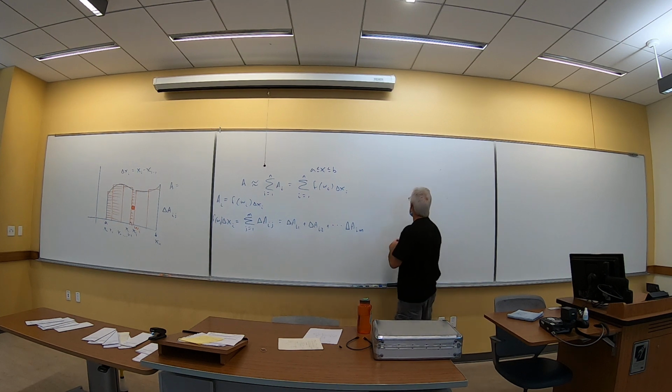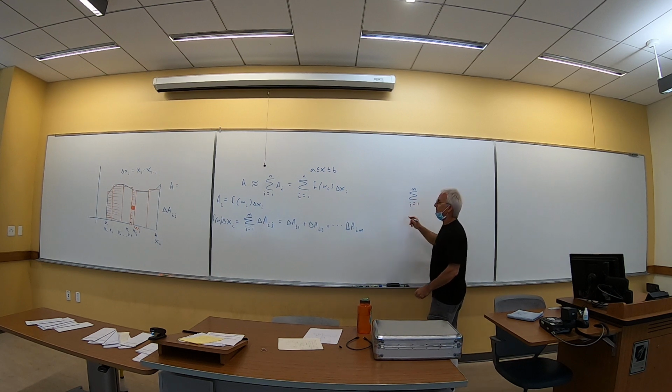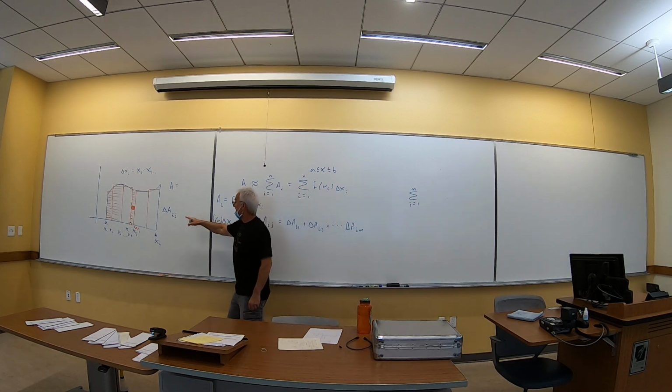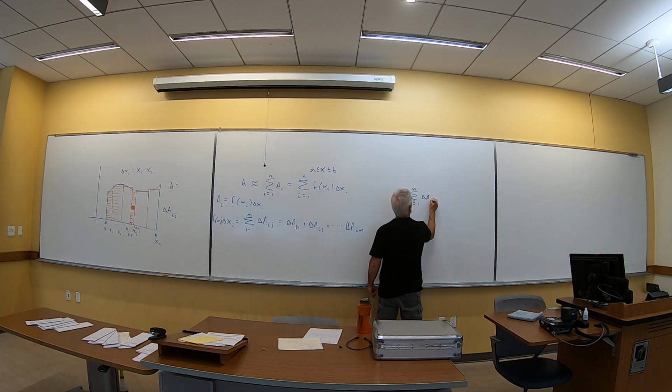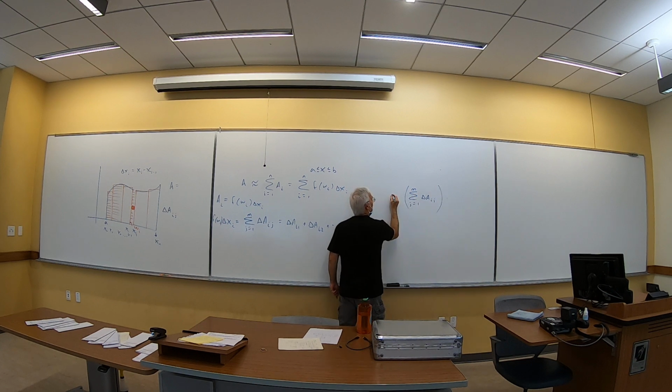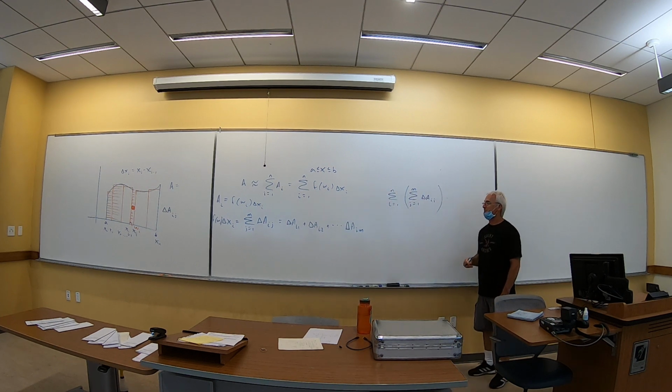So I need to take the sum from j equal 1 to m of these guys here, and then take the sum from i equal 1 to n of all of this here.